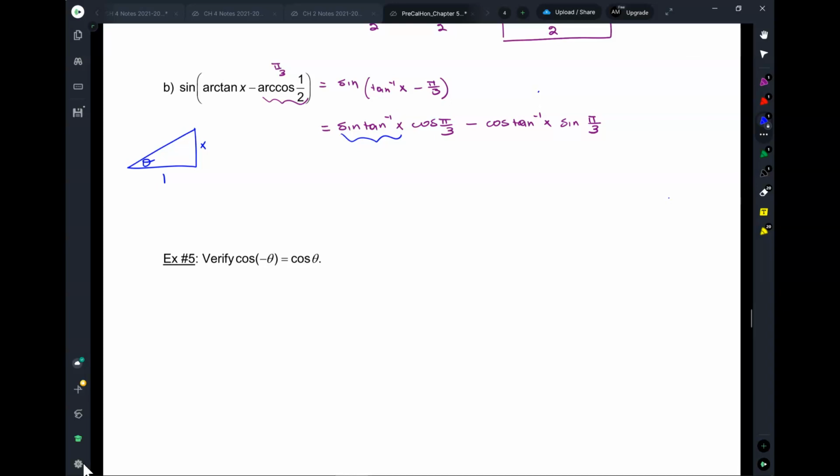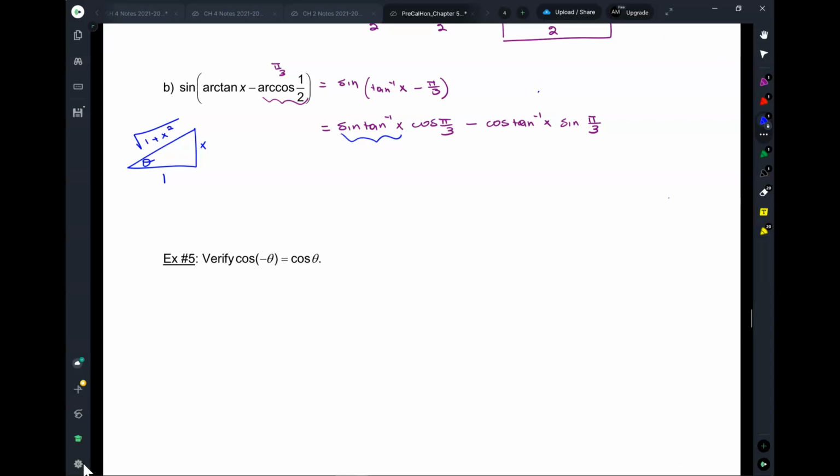The missing sides are all the square root of something minus something or something plus something. The hypotenuse is the biggest side, so in order to make it the biggest side, you're not going to subtract quantities. You're going to add quantities to make them bigger. Think of it that way. So it's 1 plus x squared.